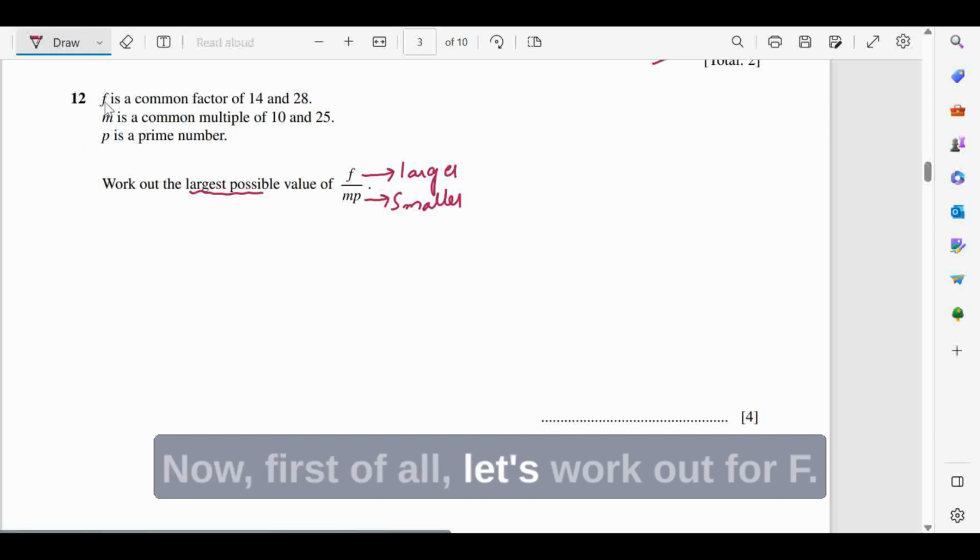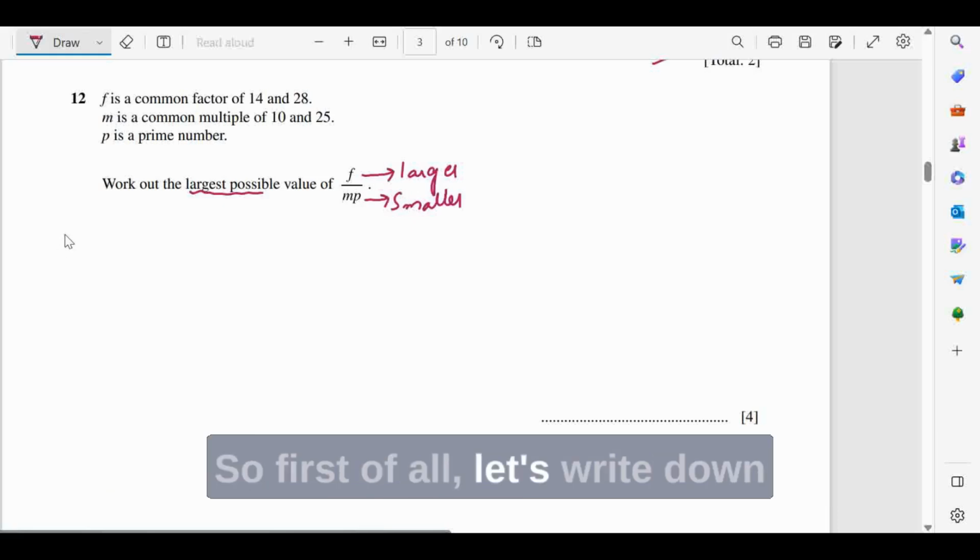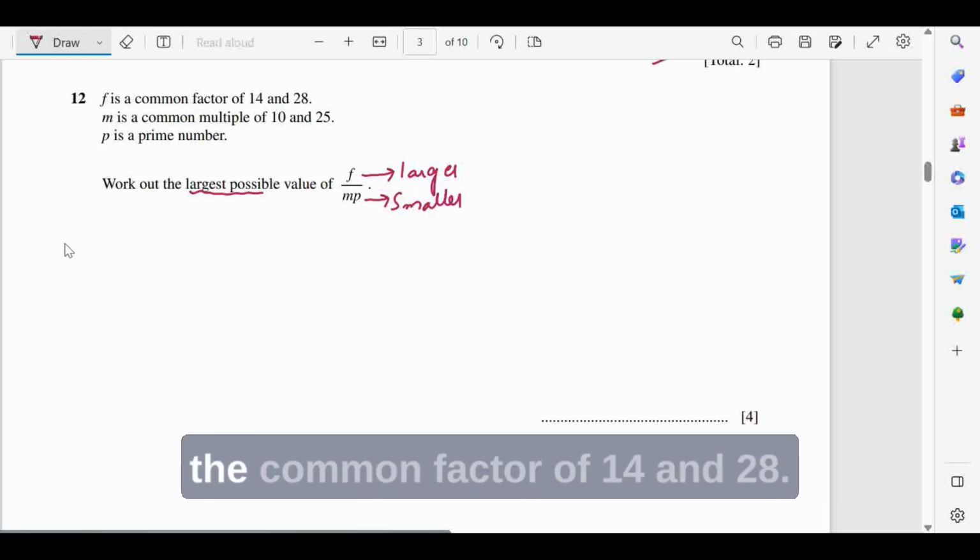Now first of all let's work out F. F is a common factor of 14 and 28. The factors of 14 are 1, 2, 7, and 14. The factors of 28 are 1, 2, 4, 7, 14, and 28.